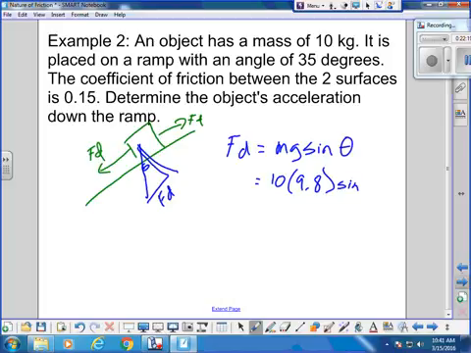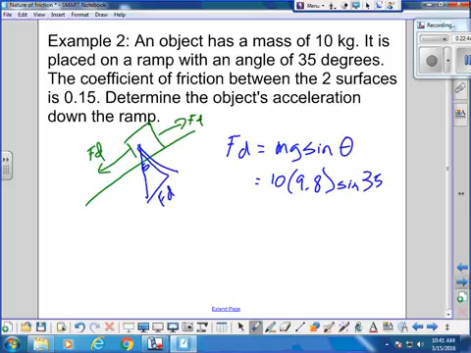The formula is FD is mg sine theta. Wait, FD is always sine? Always sine. Okay. Well, it's in the middle. It's coming off and plopped in. 10 times 9.8 times sine 35.